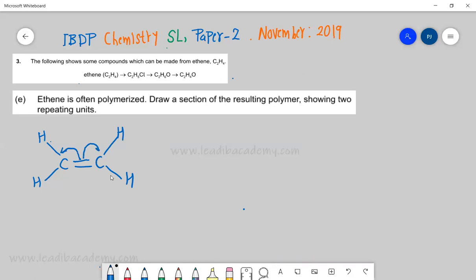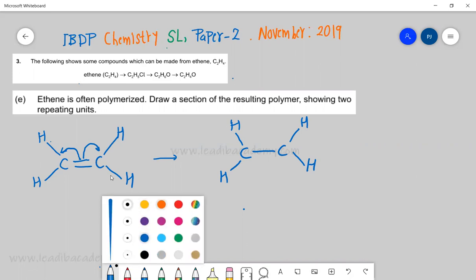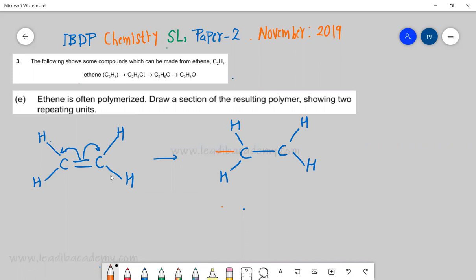It is like this, and it will result into C H, C H H, and I'm purposely showing the continuation bonds.